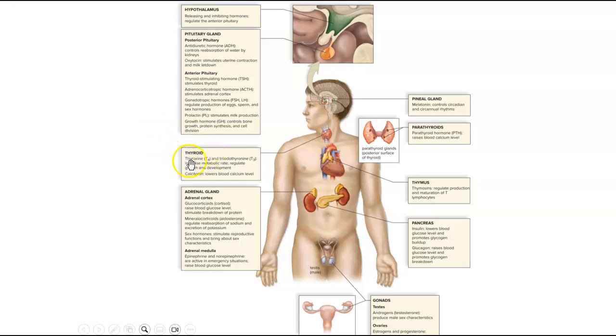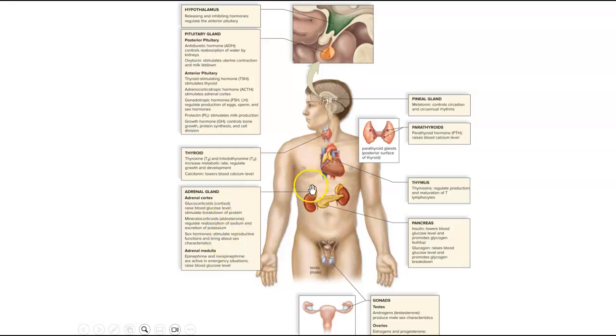The thyroid gland produces the thyroid hormones T3 and T4 that increase our metabolism. The thyroid gland also produces calcitonin, which lowers blood calcium levels when blood calcium levels are too high. The adrenal gland, which sits on top of each kidney, has an outer layer called the adrenal cortex, which produces cortisol and aldosterone and sex hormones.